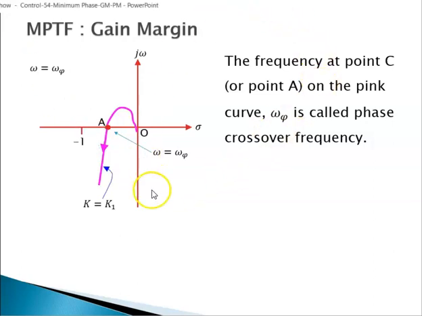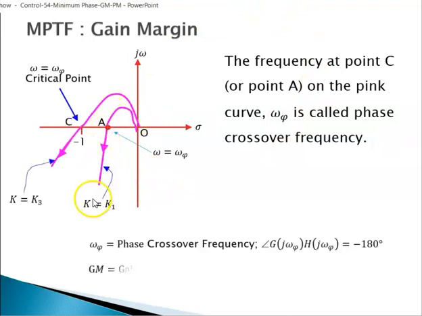We'll further examine this to see what we mean by gain margin. We saw that the frequency at which the curve intersects with the negative real axis is called phase crossover frequency. At this point, phase is the angle made by the line segment going from O to A. That is, at this point, it makes minus 180 degrees.